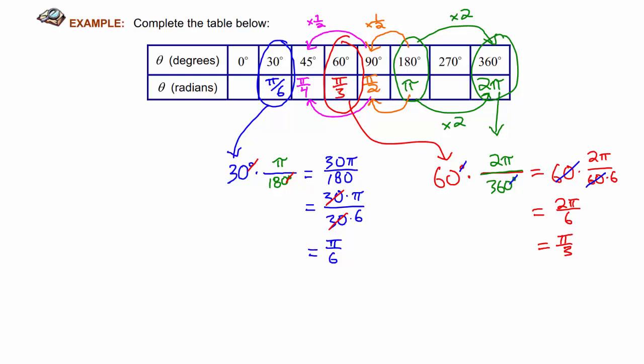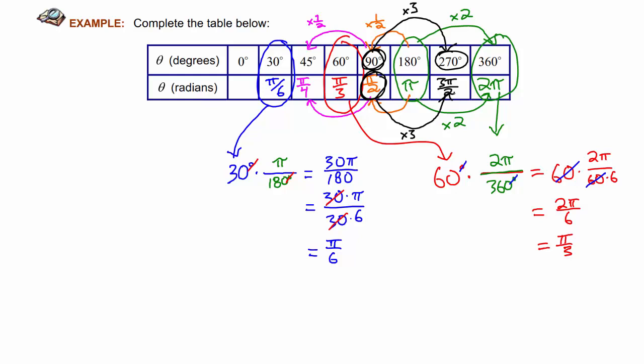Now for an angle like 270 degrees, we could go in either route. We could take 90 degrees and triple it to find 270, and therefore we'll have to take pi over 2 and triple it to get 3 pi over 2, the equivalent of 270 degrees.